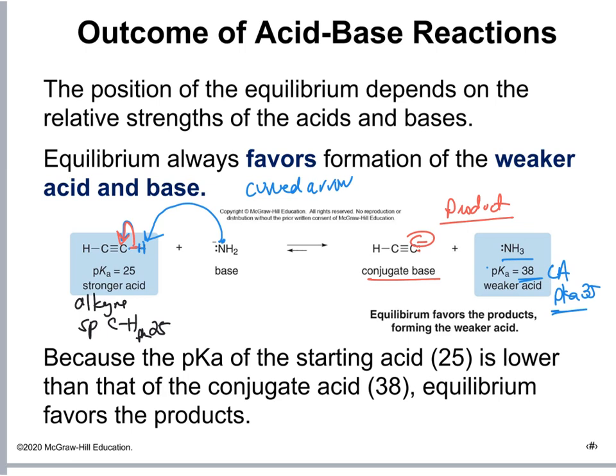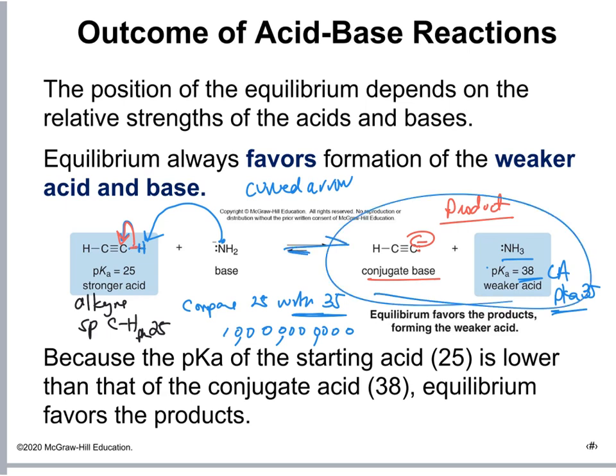Now you want to compare 25 with 35. Well, 35 is bigger, and it's bigger by 10 orders of magnitude. You want to point towards the higher pKa value, which is your weaker acid, and that's the direction of your equilibrium.